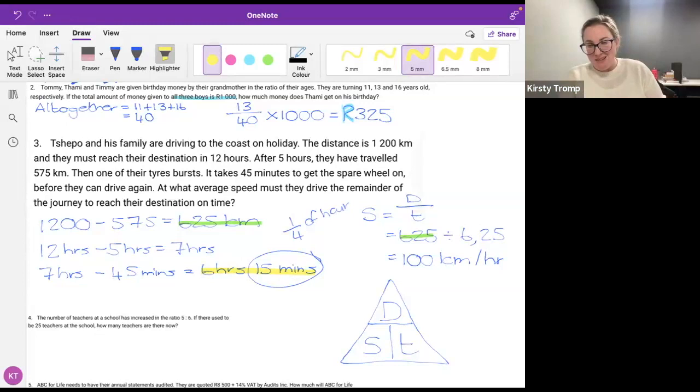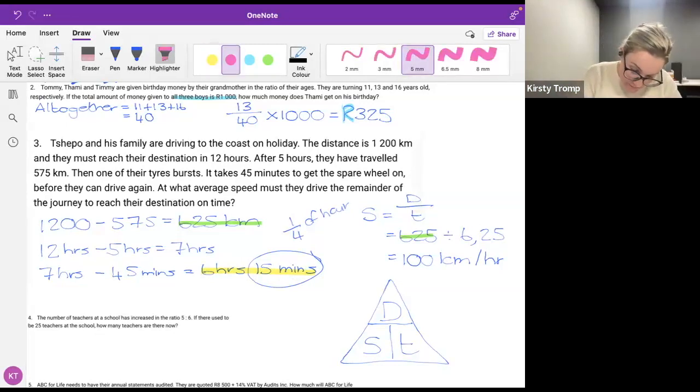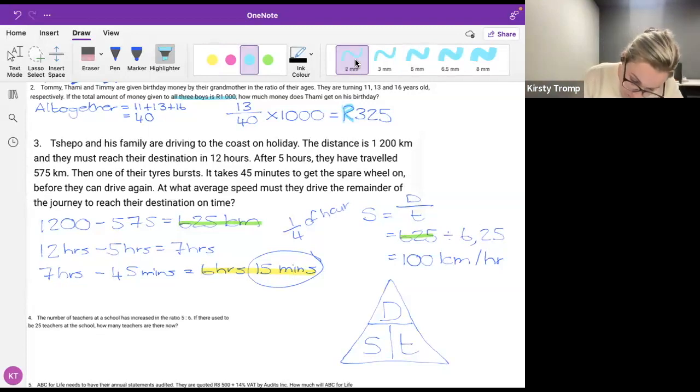Does that make sense? Yes, please. When we've got an "over", it's the same thing as saying divide. So that's where we got 625 divided by 6,25, which gives you 100 kilometers per hour. Does it make sense?